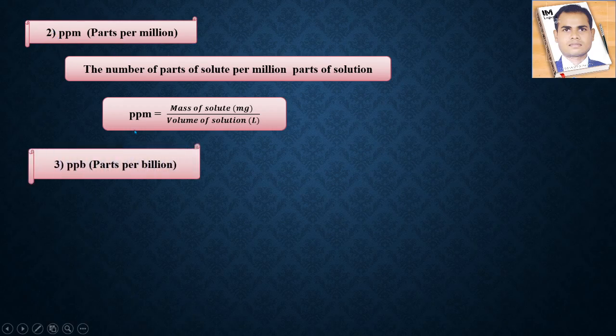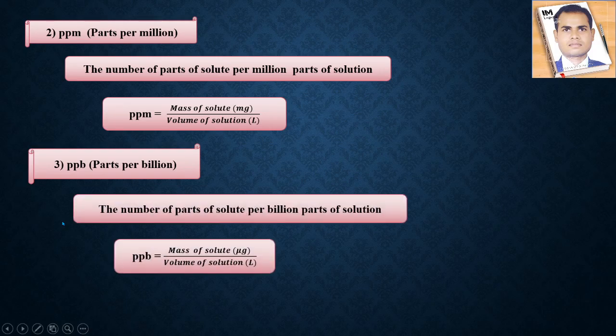The third one is ppb, parts per billion: the number of parts of solute per billion parts of solution. The formula for ppb is mass of solute in micrograms divided by the volume of the solution in liters.